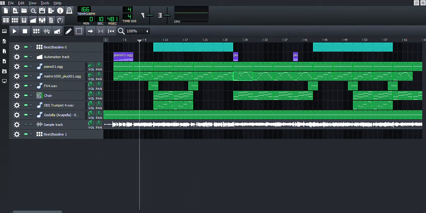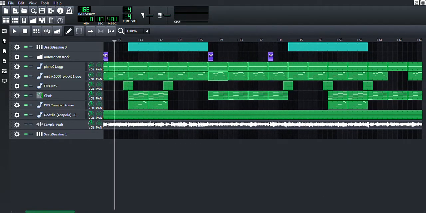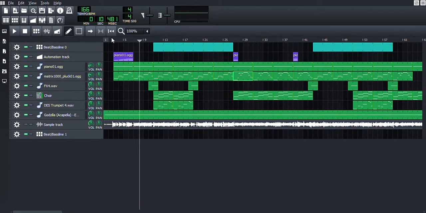Then afterwards, it was mostly, because, you know, the original Godzilla beat, it's not that complicated. It's got only a two bar melody repeating over and over again. In terms of drums and stuff, it's not that complicated either.